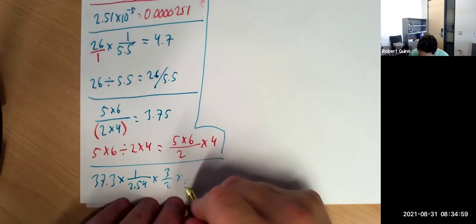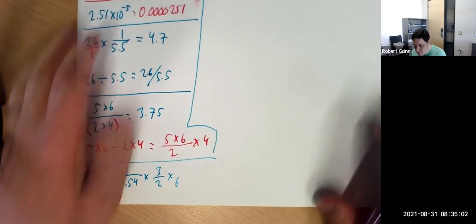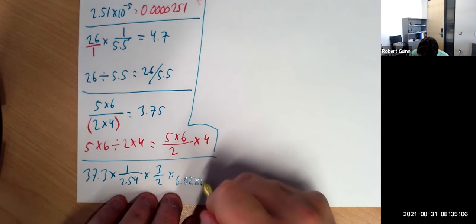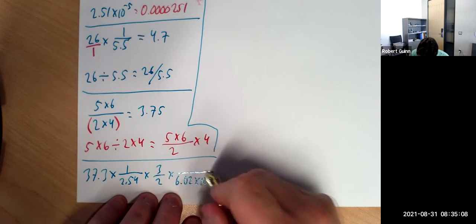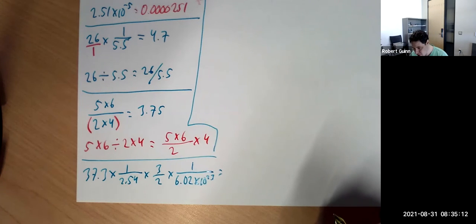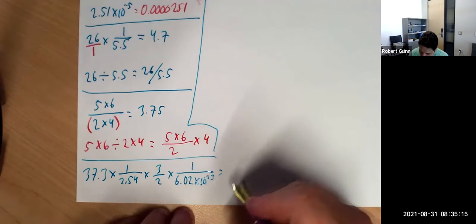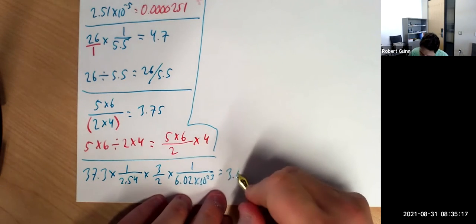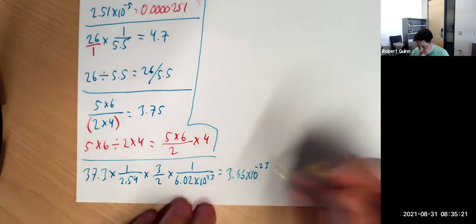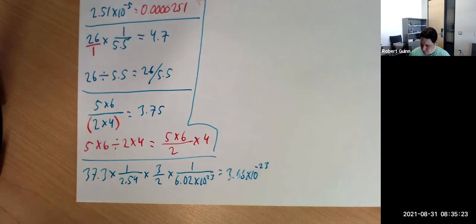I just wanted to do one where we had scientific notation in it, and it was in the denominator as well. So that's a series of calculations, and it ends up equaling 3.66 times 10 to the negative 23.